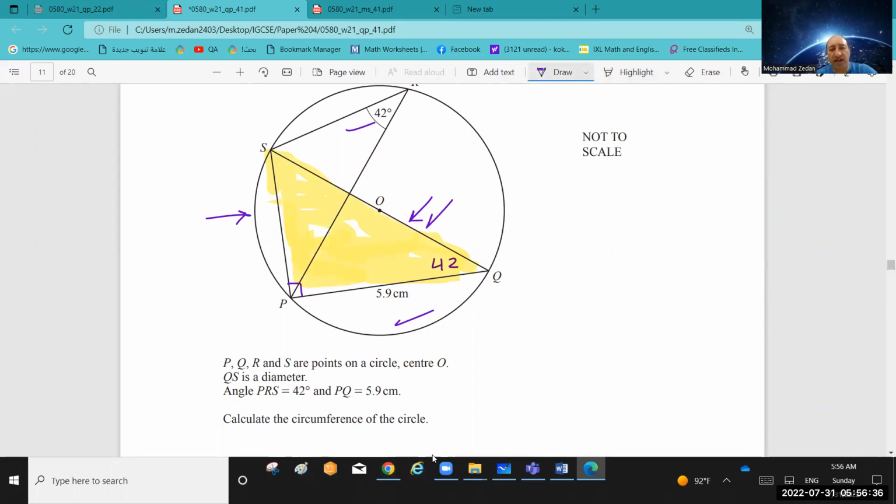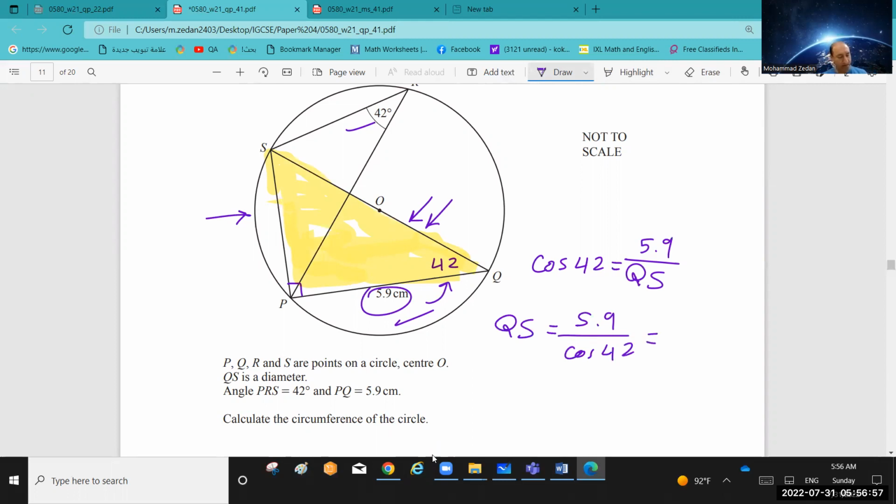I want to find this side. This side is the adjacent side of 42, so you can say cosine 42 is equal to the adjacent side 5.9 over the hypotenuse QS. So QS is equal to 5.9 over cosine 42.